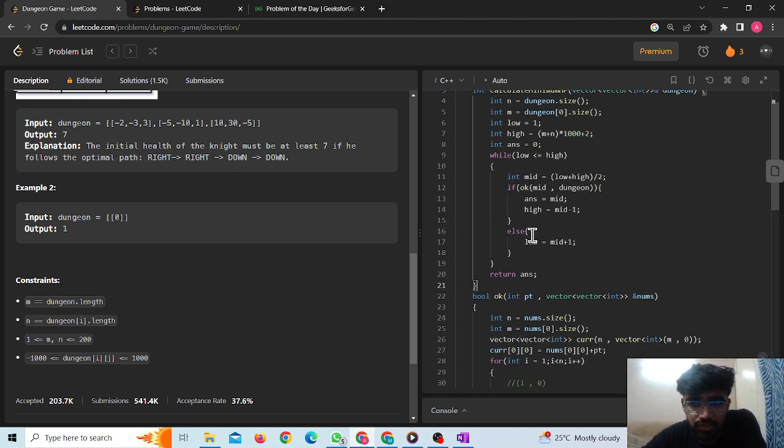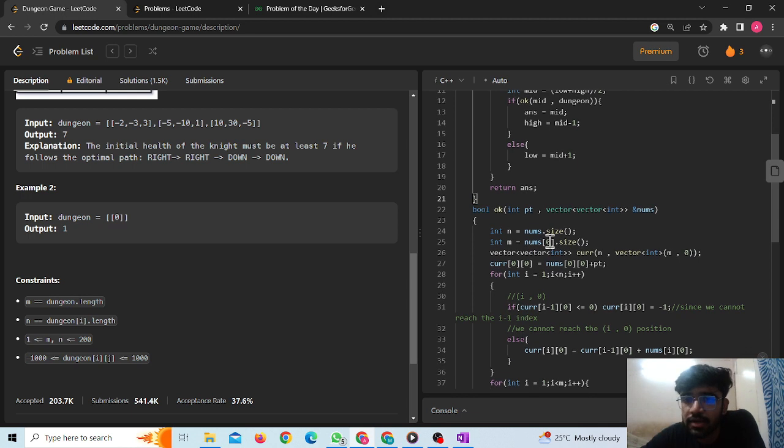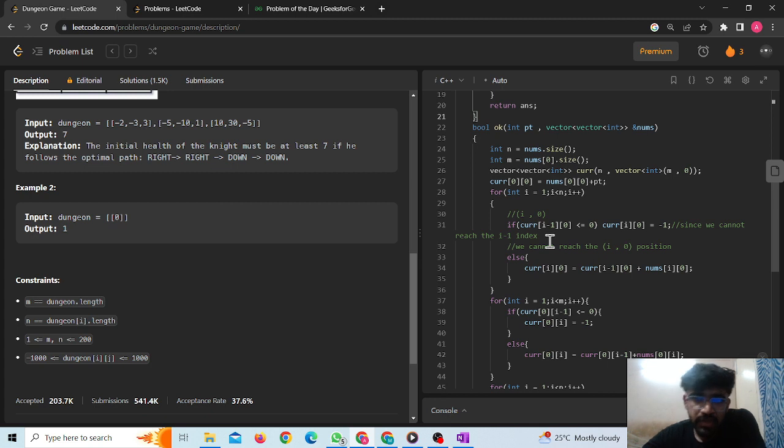So if my initial health is mid, what we are doing is creating a new 2D vector, and at position 0 comma 0, I am storing nums of 0 comma 0 plus the initial points. I do this because I have initial points, and then at 0 comma 0 I have some nums, so current of 0 comma 0 will store the sum of those.